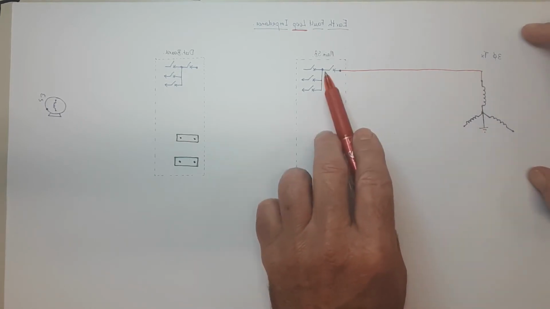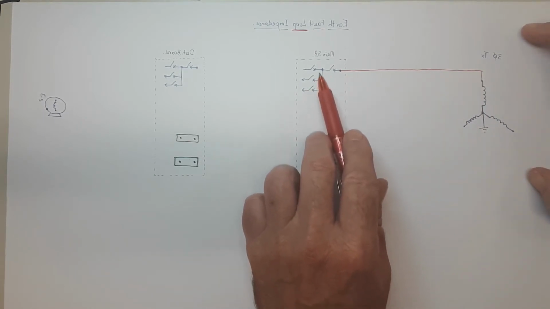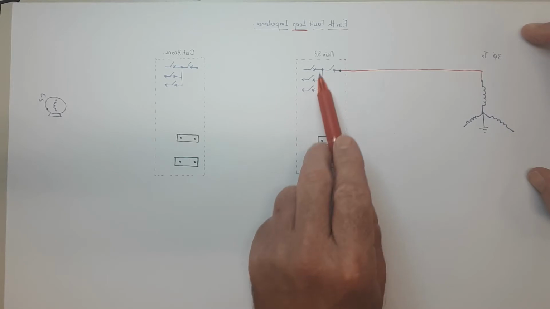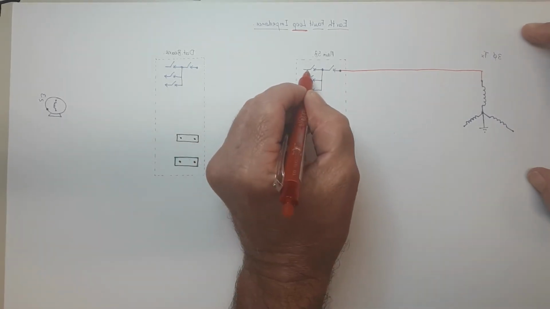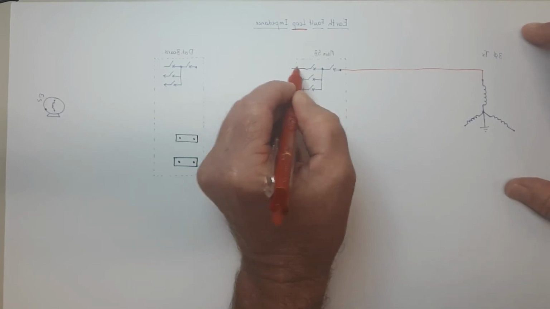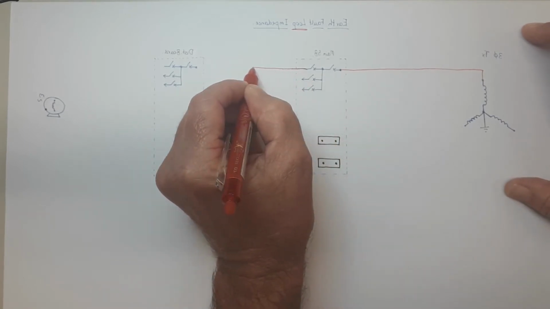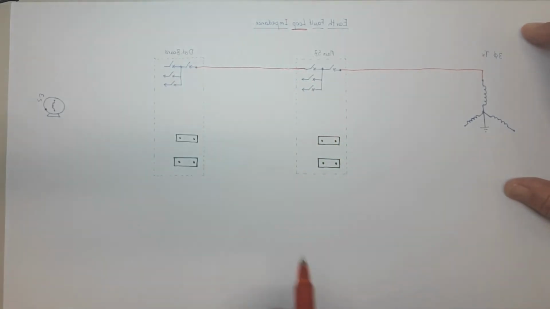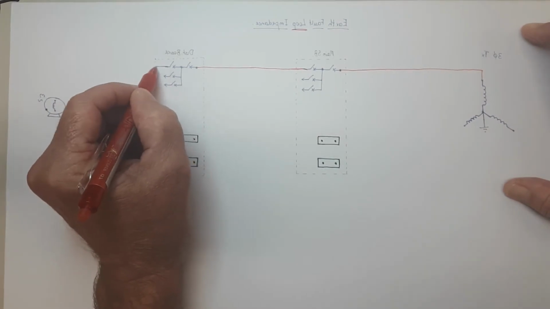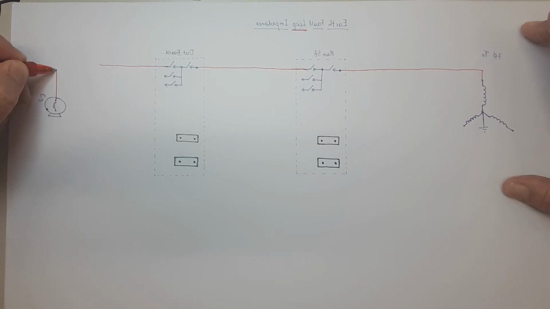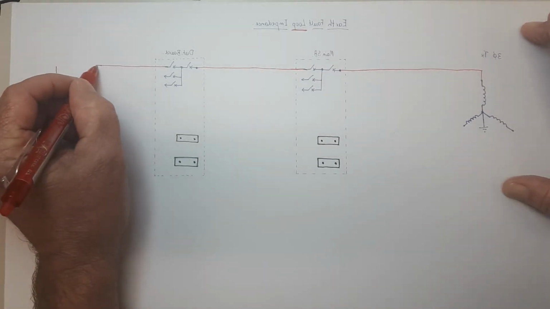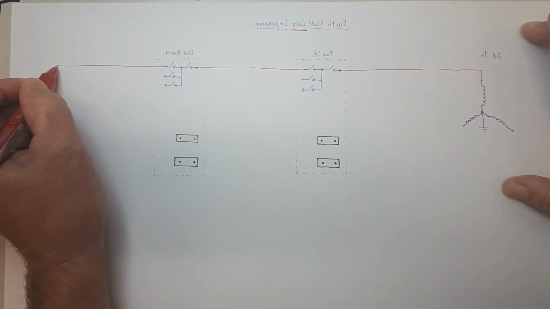But that's all incorporated in that there. Then let's say you've got a main switchboard with a few circuits on it, and one for your DB. We'll draw that into the DB there, and then from the DB we're going to go to our motor. And then of course you've got your neutral.